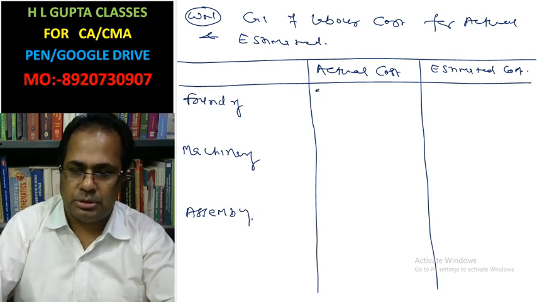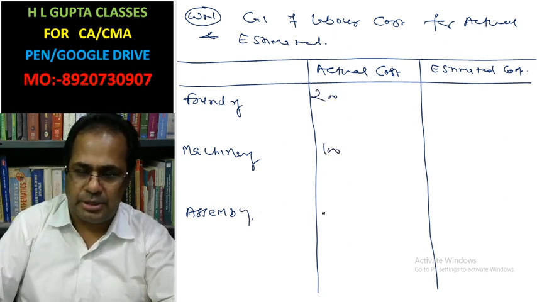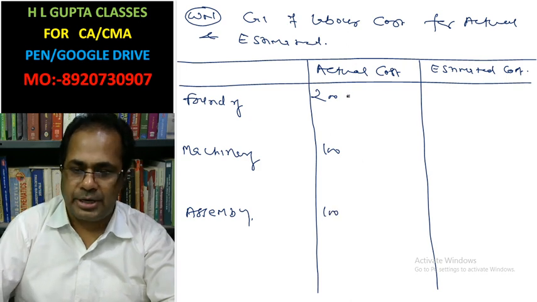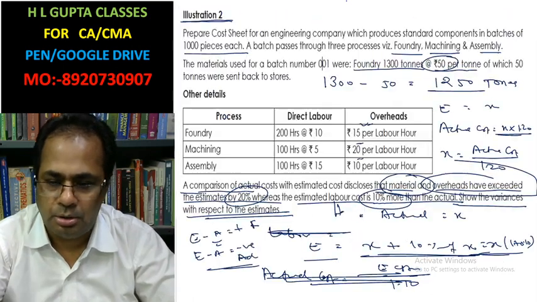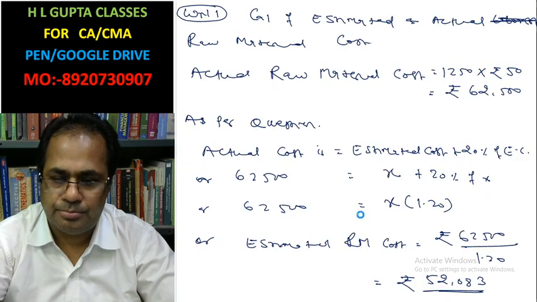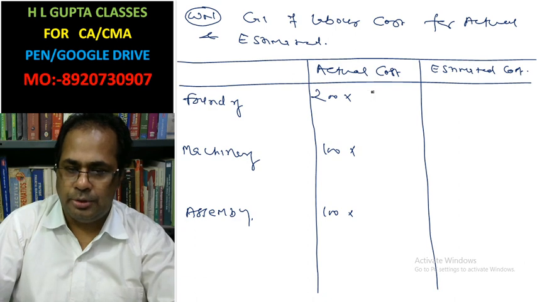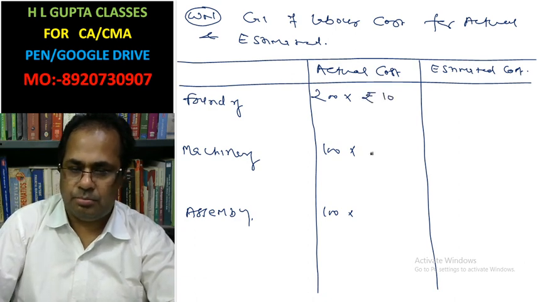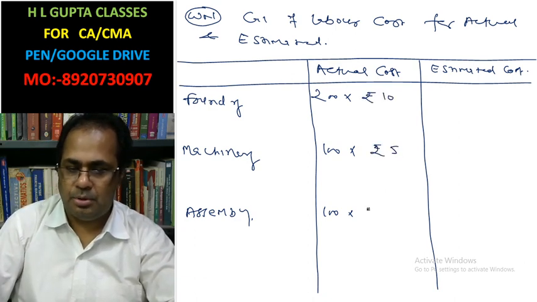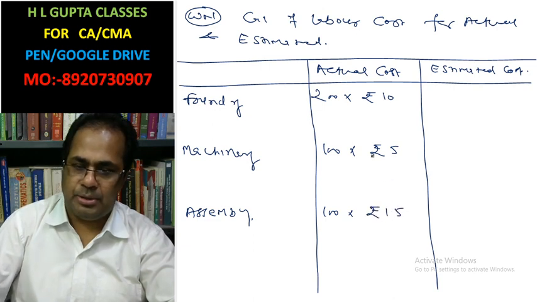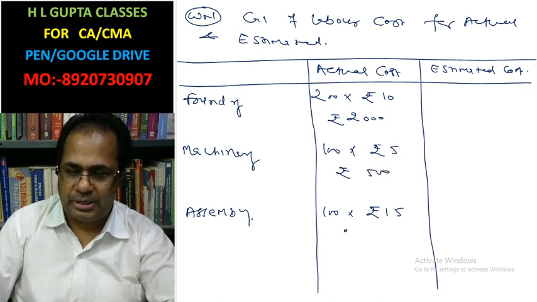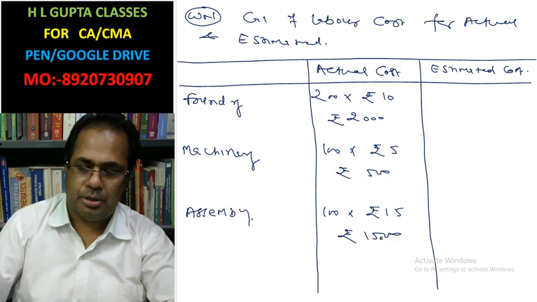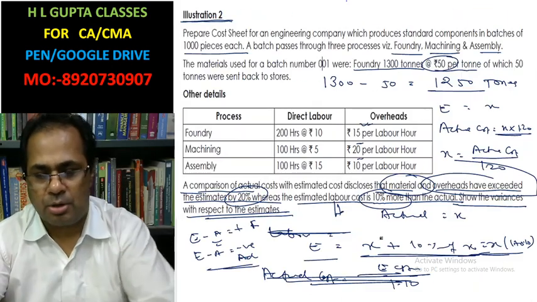Actual labor hours are 200, 100 and 100. The rate of labor cost is given in the question: rupees 10, rupees 5, rupees 15. This is rupees 2,000, this is rupees 500, this is rupees 1,500.